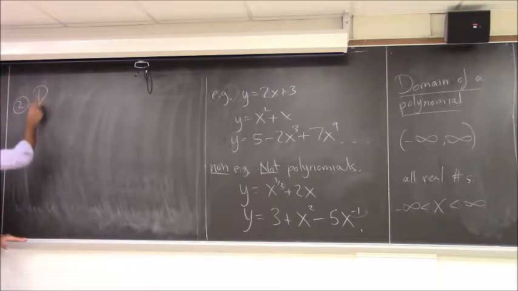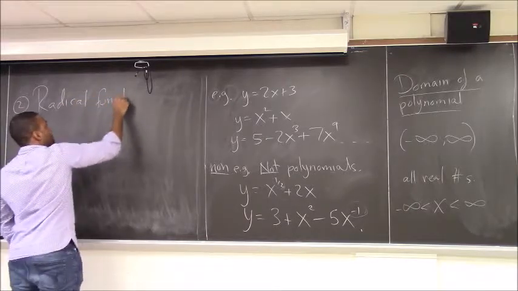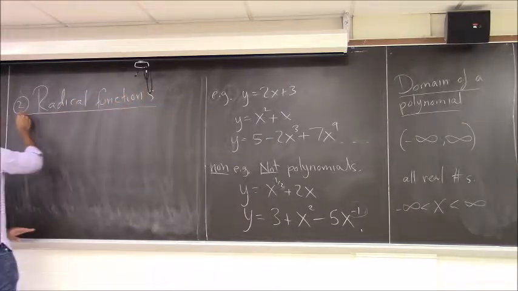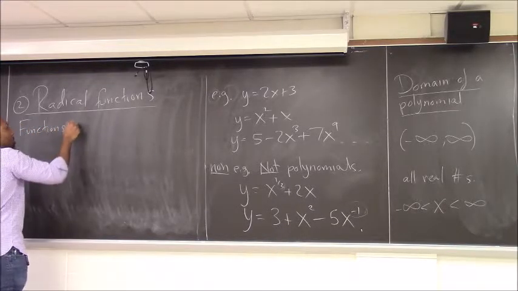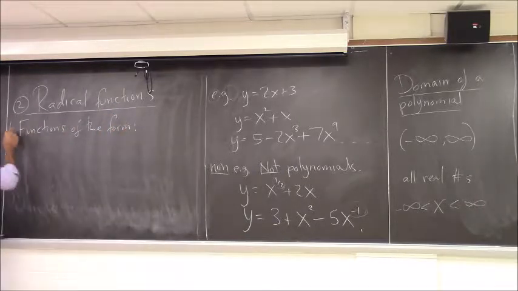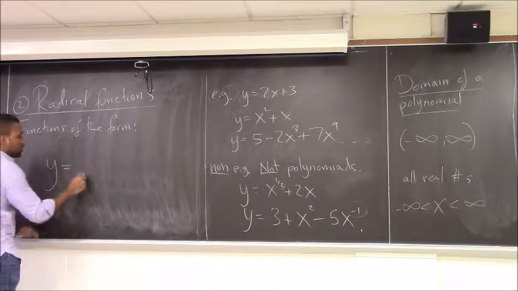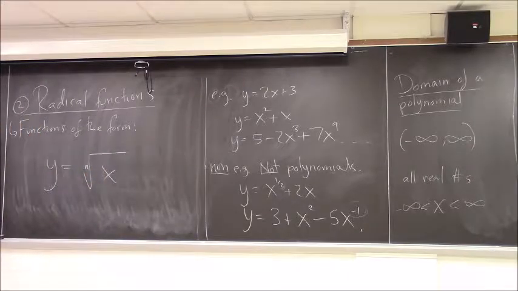There's another kind of function though that can have restrictions. These are called radical functions. These are functions of the form y is equal to the nth root of x, or similar.